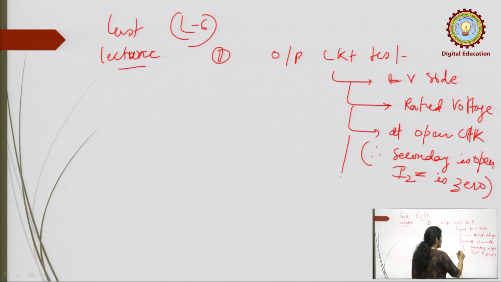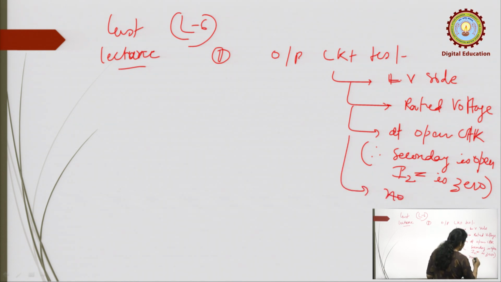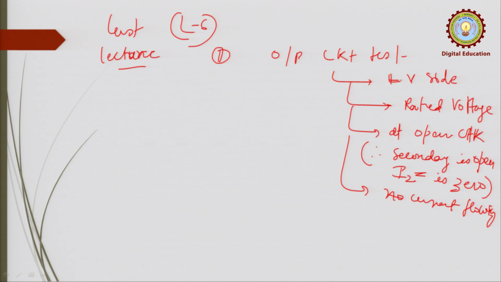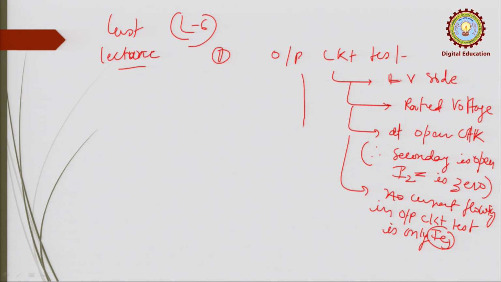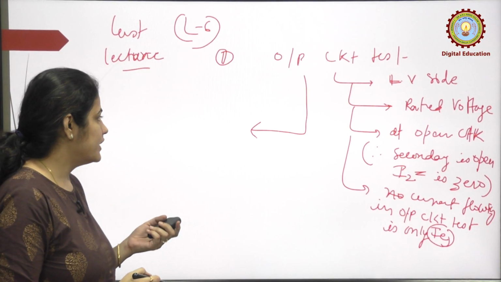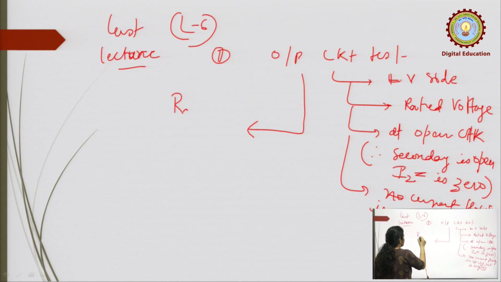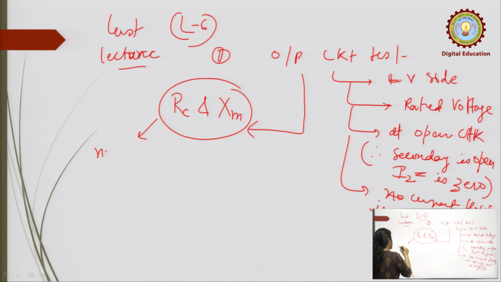So the current flowing in the open circuit test is only the exciting current. After performing this test, we can find out the parameters RC and XM, that is, the no load parameters.